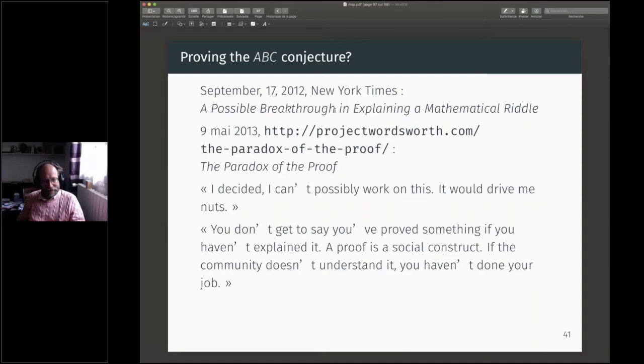And this opinion is not really an opinion about the proof, it's an opinion about what they can't understand from the proof, which is important. So the first one said he decided he can't possibly work on this, that would drive him nuts.